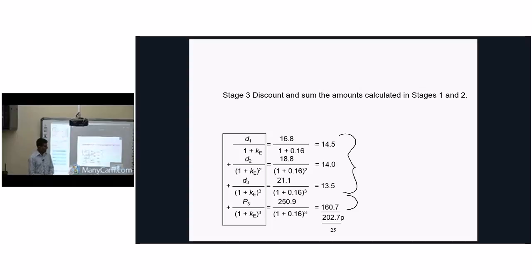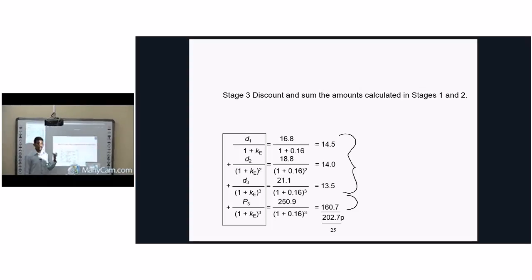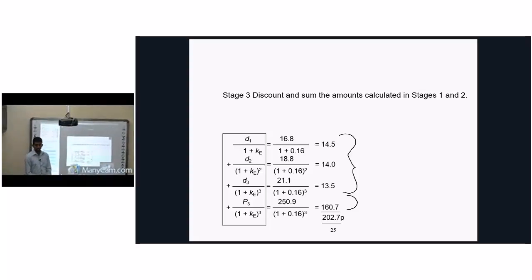Now when you total it, you get the present value of all the future cash flows, in other words, all the dividends we are expecting to pay in the future. Now we have arrived at 202.7 pence. In other words, the present value of all the future cash flows is represented, and the value of a share is 202.7.